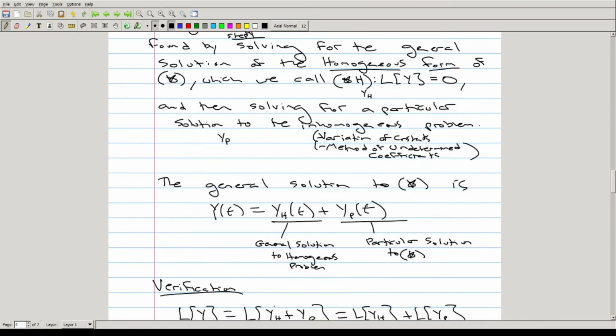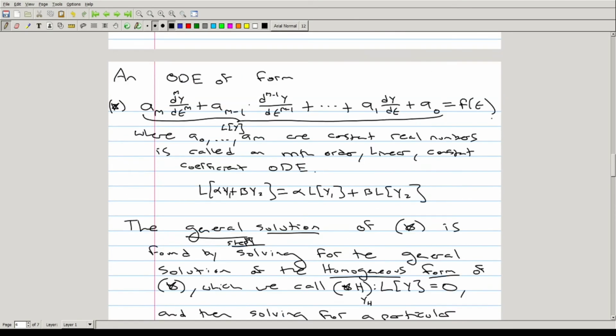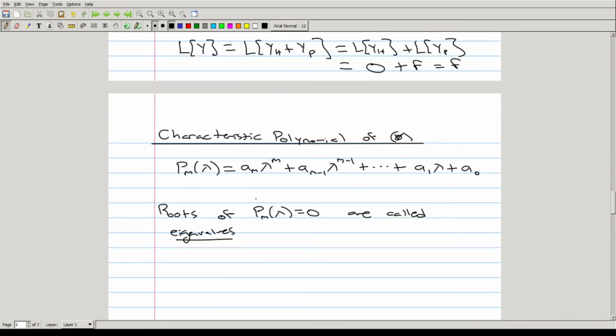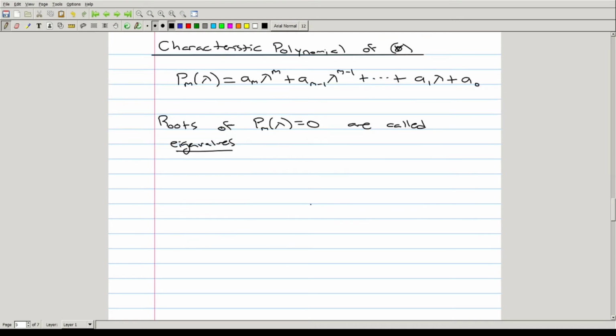If you were to rewrite this mth order ODE as a system of m first order ordinary differential equations, the eigenvalues of the matrix that you get would be the same as the roots of this characteristic polynomial.